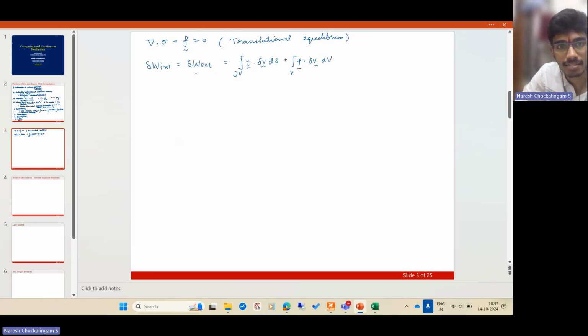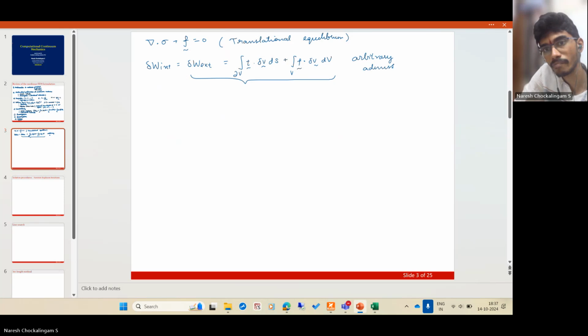So this is the external virtual work done by the system of tractions and body forces on an arbitrary admissible velocity field del V.